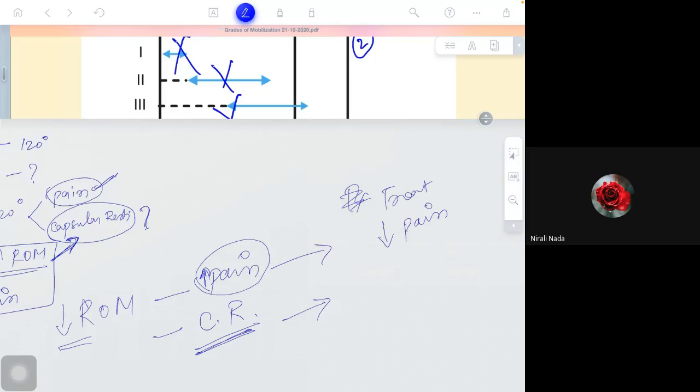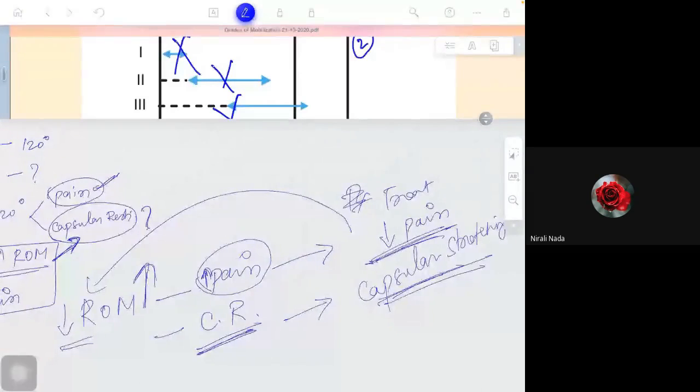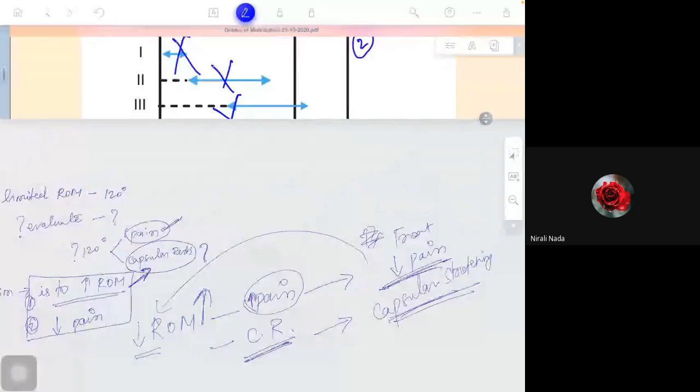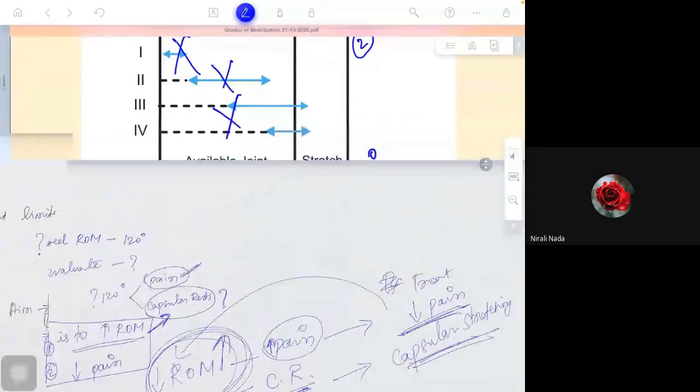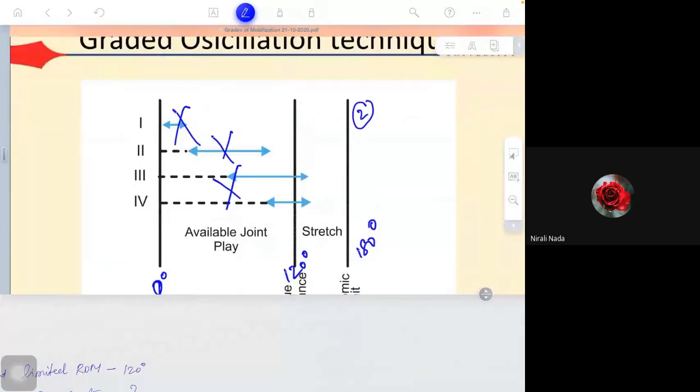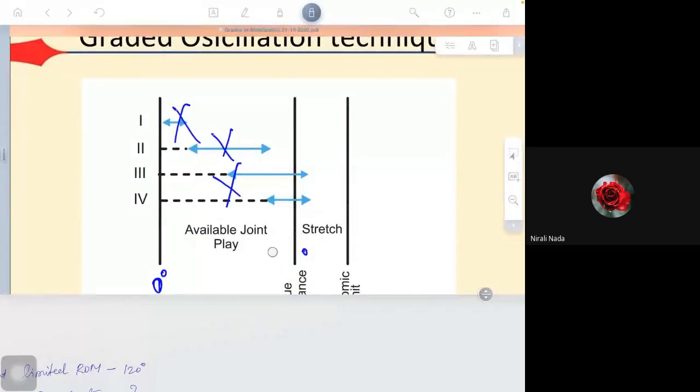You will go for capsular stretching. So if you do these two things, automatically the range of motion will increase. Clear? So ultimate aim is to increase the range of motion.